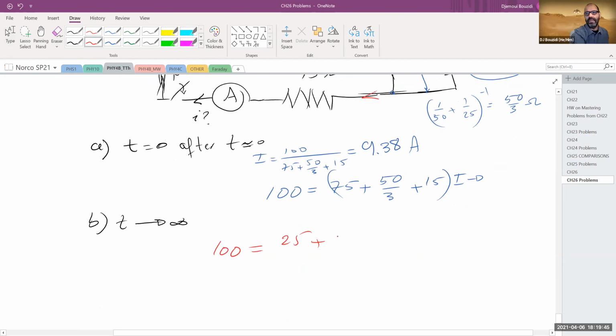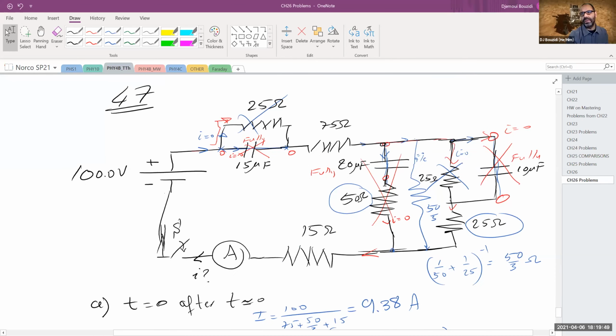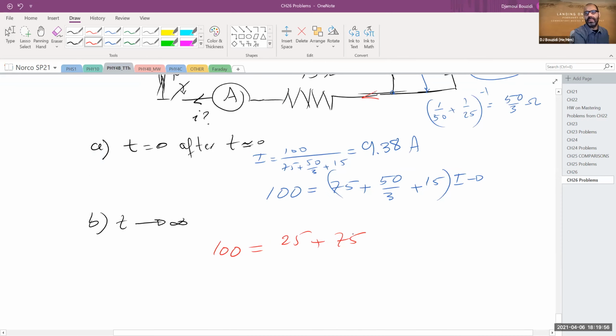Plus the 75. Nothing is going to go through this section, because there is a capacitor that's going to kill the current. Plus the 25 plus 25 plus 15, the whole thing times I, and this is how we can find the current now.